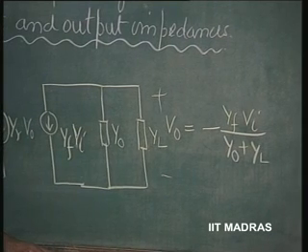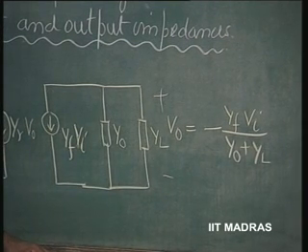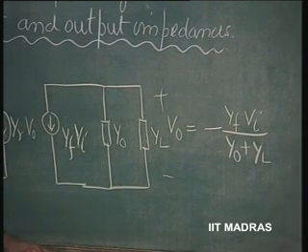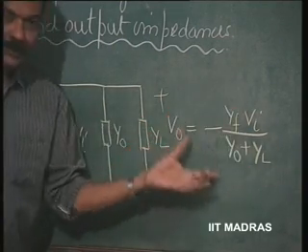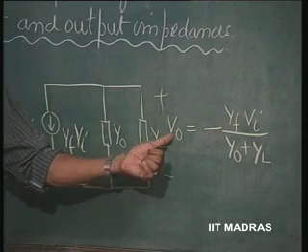This current flowing into a total admittance of Y naught plus YL will develop a voltage which is Yf into Vi, which is the current, multiplied by the impedance, which is 1 over Y naught plus YL. Is this clear? So, this is the output voltage.